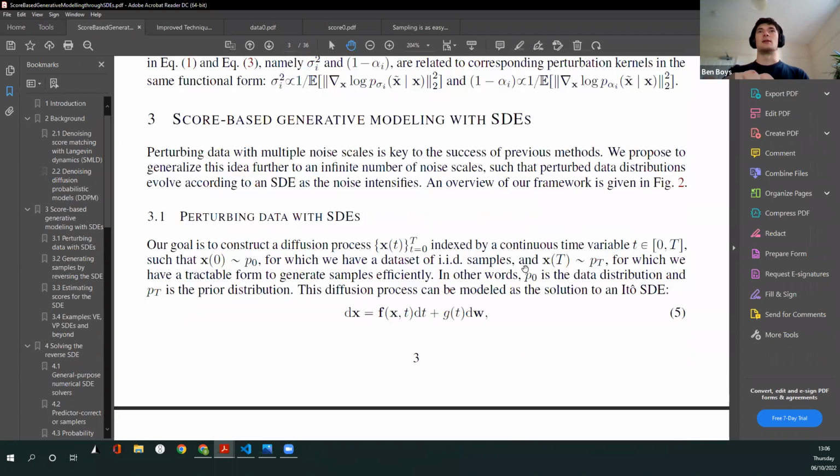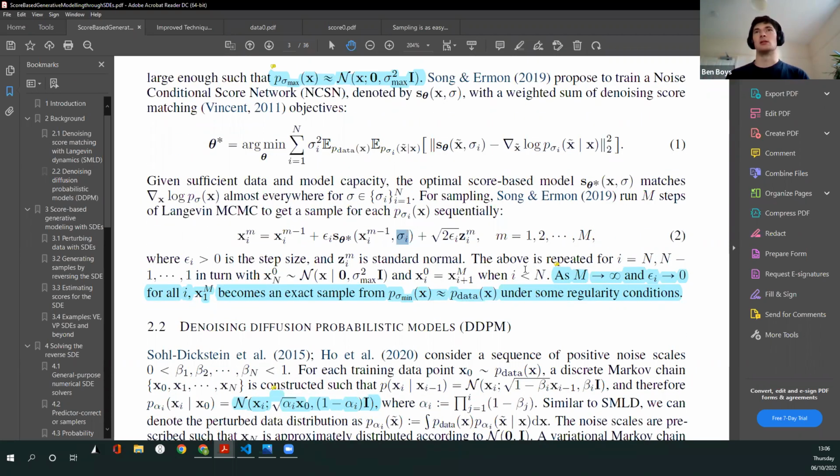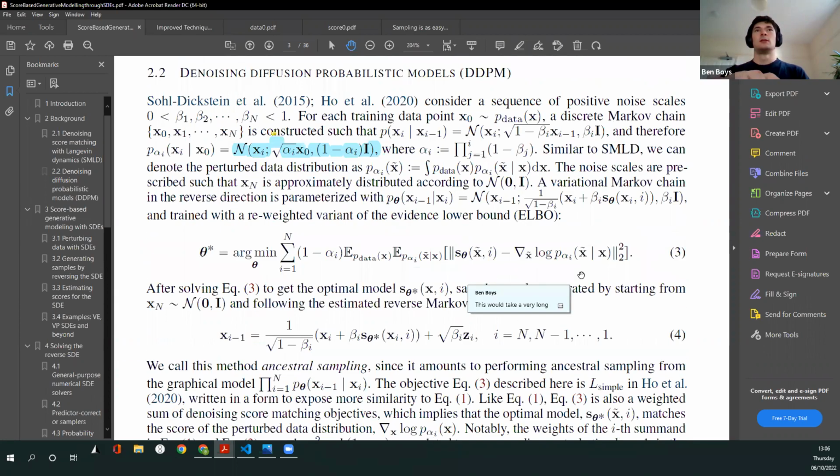And the way that is done, as you see in a lot of papers these days, is generalizing a discrete version of an algorithm to a continuous version of an algorithm, working on the maths in that continuous space, and then translating what you've learned to an algorithm when you discretize again.